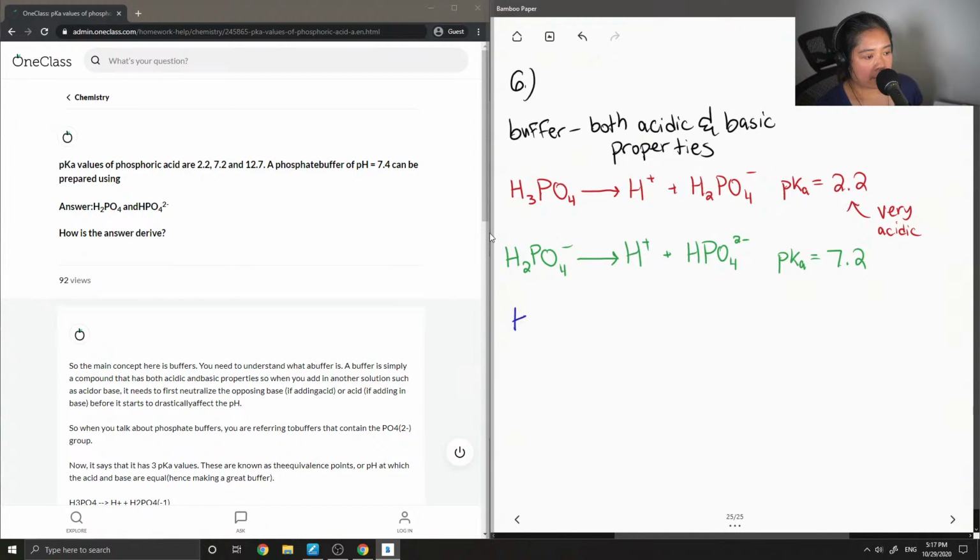So let's also look at what happens if HPO4 2 minus loses one of its protons. Yet again, you end up with PO4 3 minus, and the pKa of this is 12.7. So this just means that HPO4 2 minus is considered a weak acid. It's not likely for it to donate one of its protons.